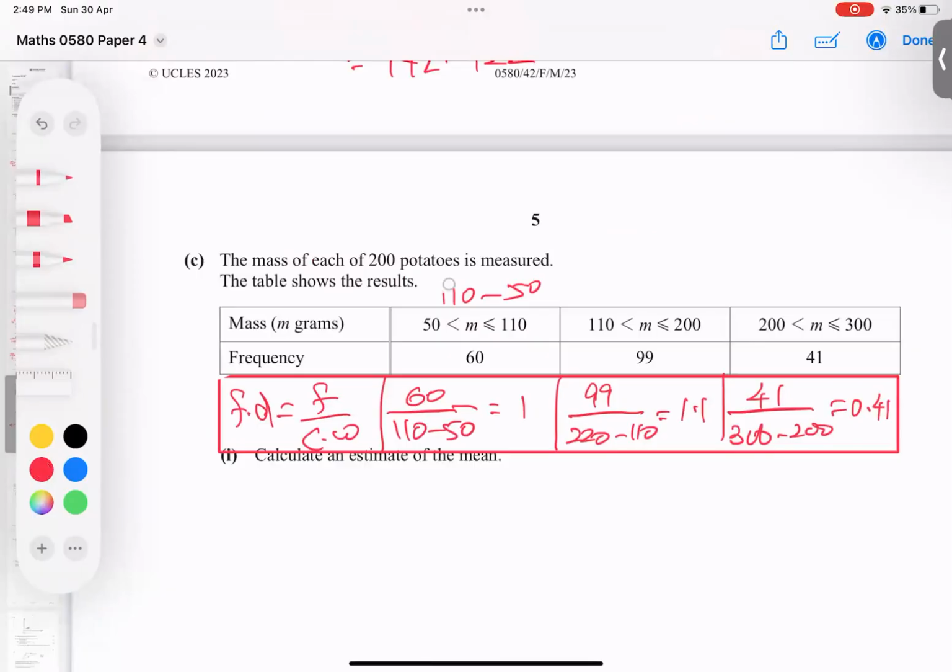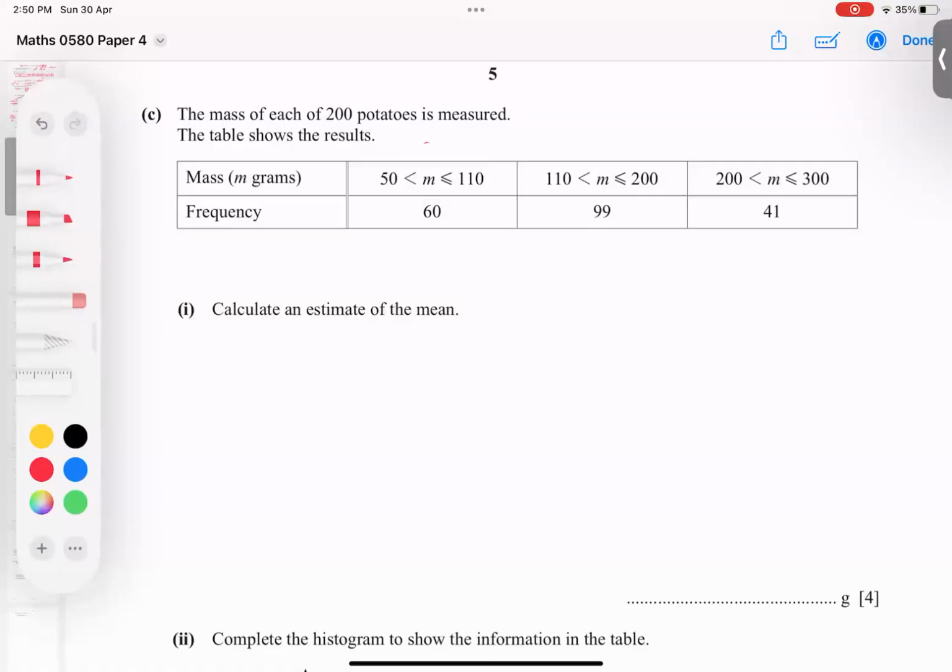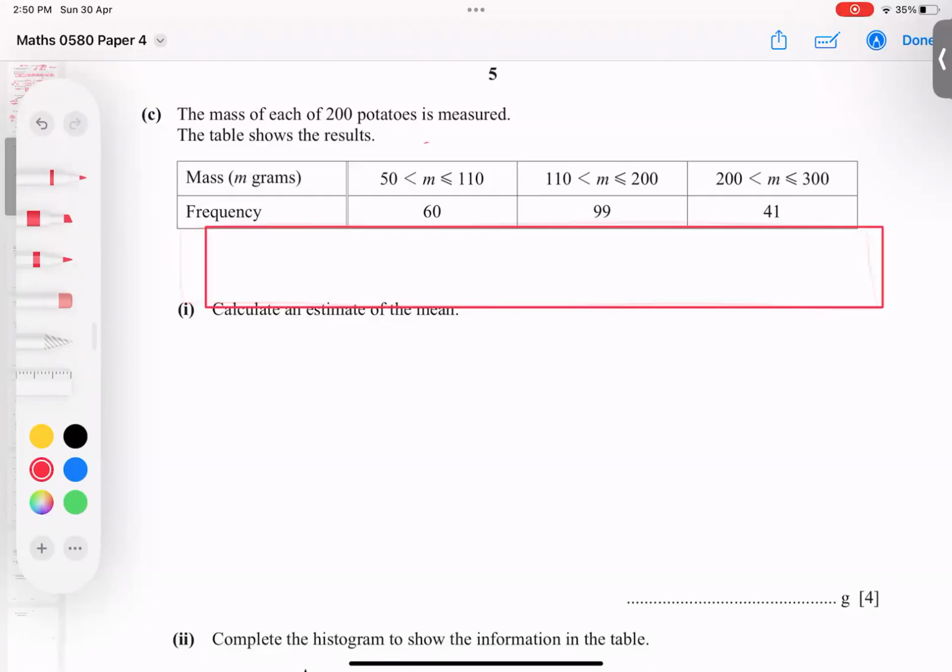So how to find the mean? We have to find here not one column, two columns this time. Okay, students.